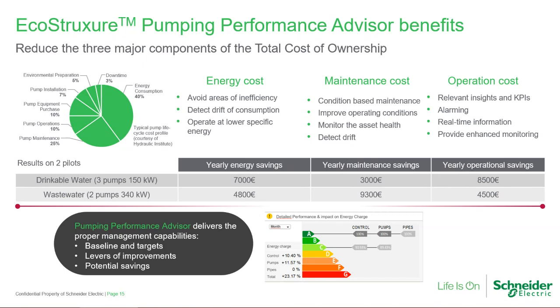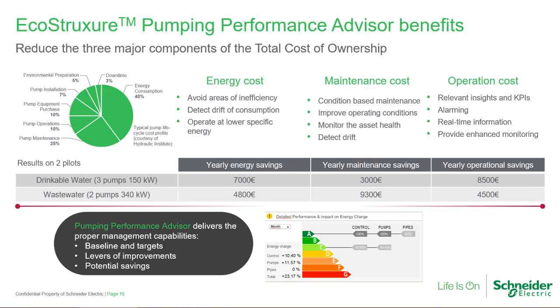So that gives you the ability to pull that information into a cloud-based service and enable you to work and operate and understand the best way to run your plant, the best way to save energy, the best way to reduce maintenance costs, and obviously maintain your operational costs.